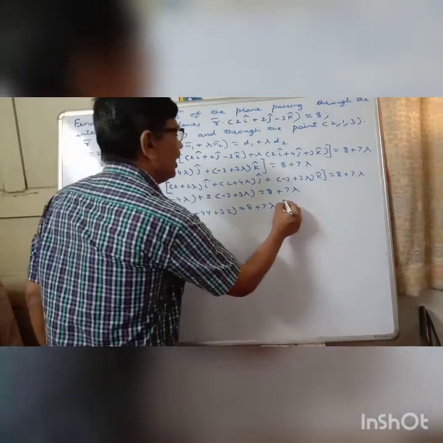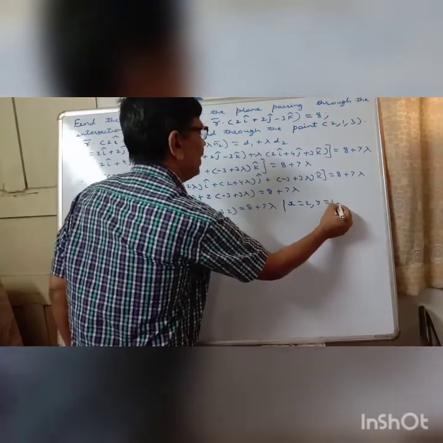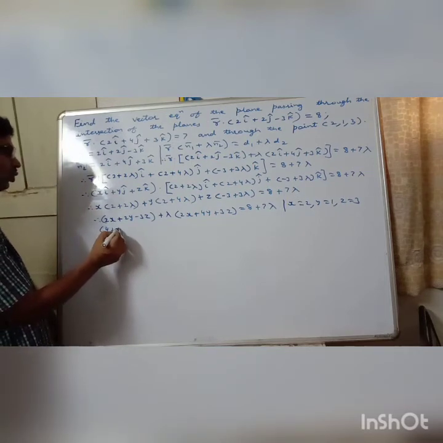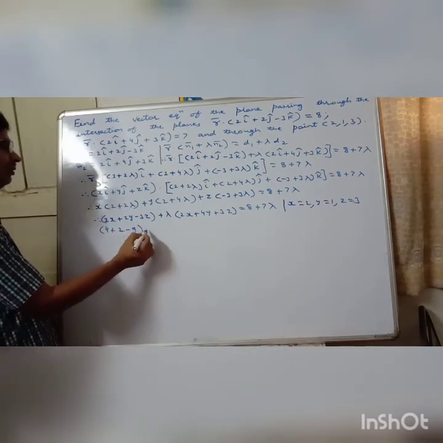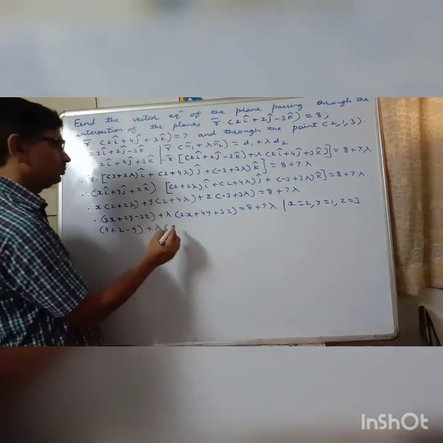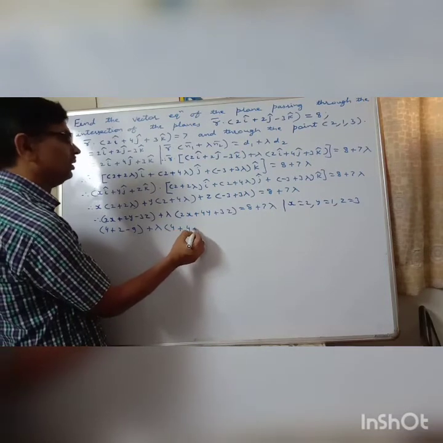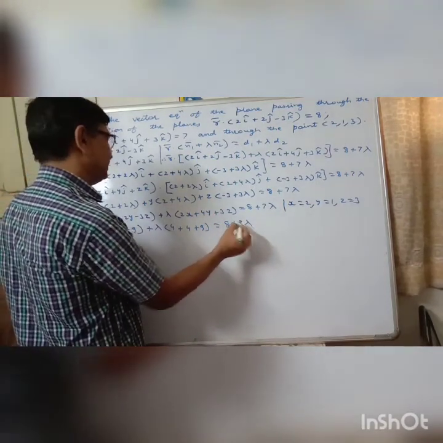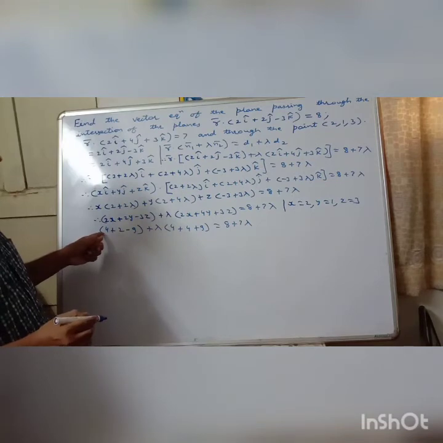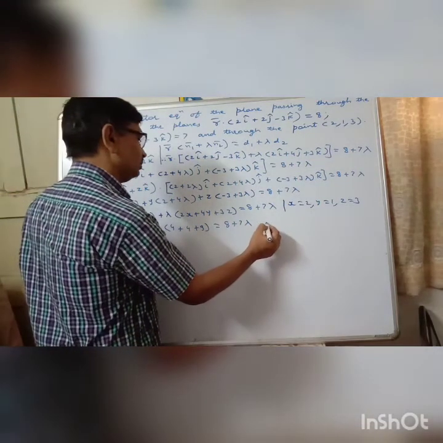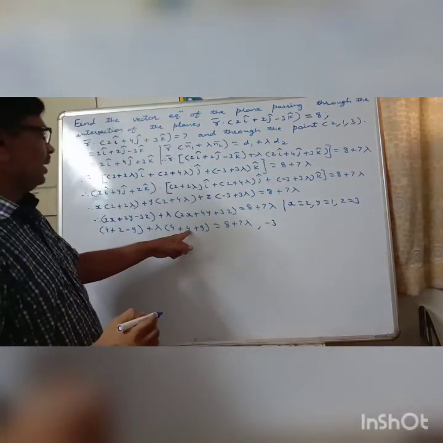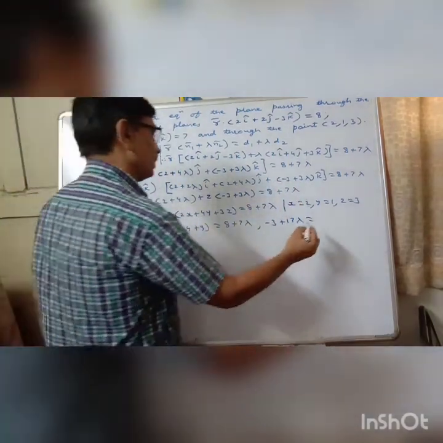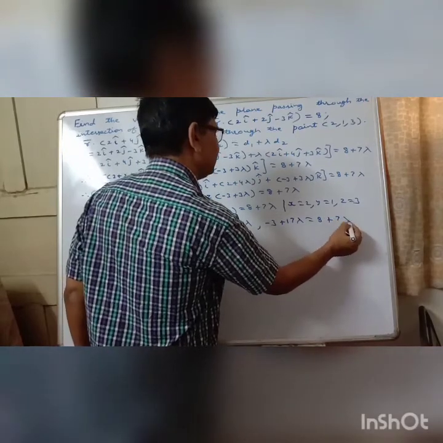So here x equal to 2, y equal to 1, z equal to 3. 2 2s are 4, 2, 3 3s are 9, plus lambda into bracket 2 2s are 4, 4 1s are 4, 3 3s are 9, equal to 8 plus 7 lambda. 6 minus 9 minus 3. 8 plus 9 plus 17 lambda equal to 8 plus 7 lambda.